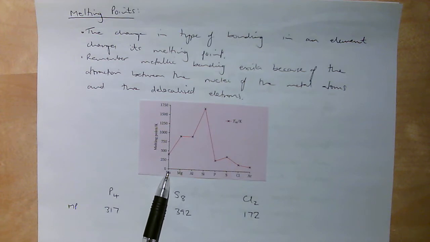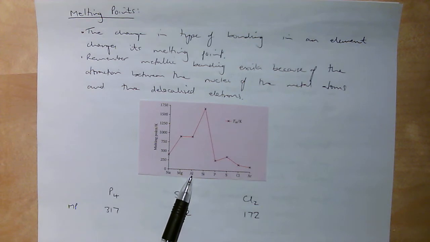Sodium is a metal, so sodium experiences metallic bonding. That's an attraction between the positive nucleus and its outermost electrons, or outer shell electrons. Magnesium is a metal, so again it experiences metallic bonding. Aluminium is a metal, therefore it shows metallic bonding.